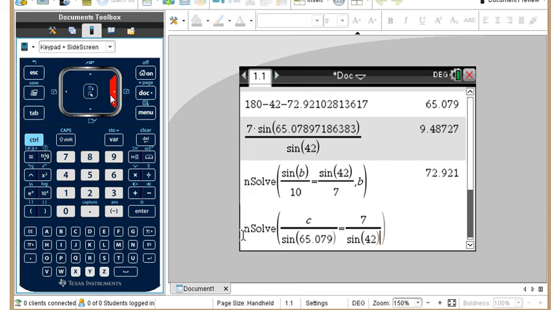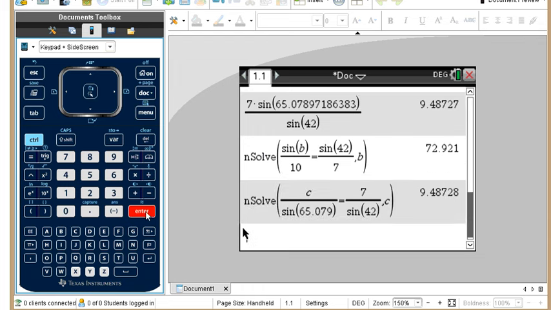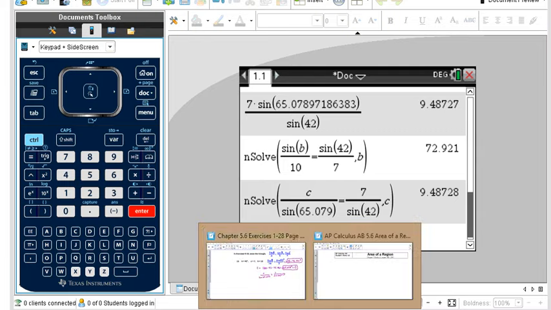And we go over here and press comma C. And our side C is going to be 9.487.